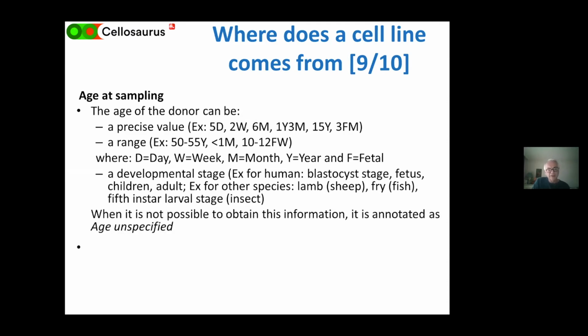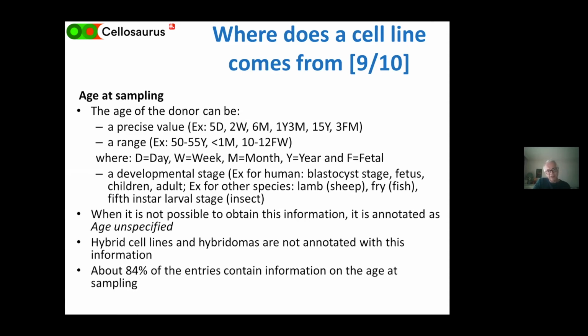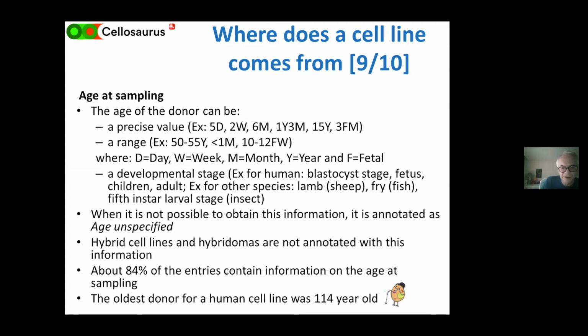And when we cannot get this information, it's annotated as age unspecified. Again, hybrid cell lines and hybridomas are not annotated with this information. About 85% of the entries contain this information. And the oldest donor, this is just anecdotal, for a human cell line was a 184-year-old woman.